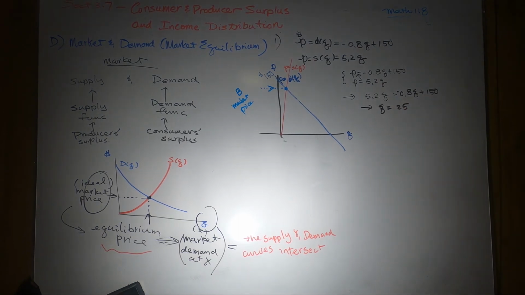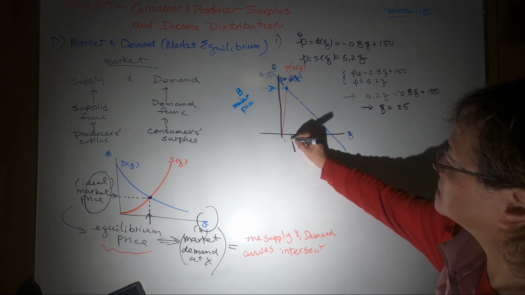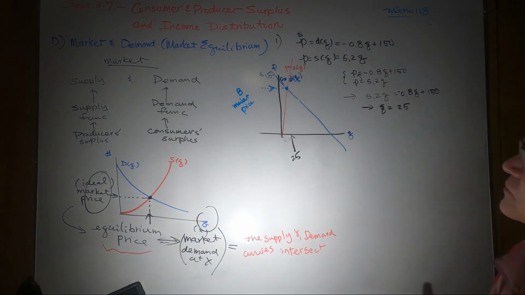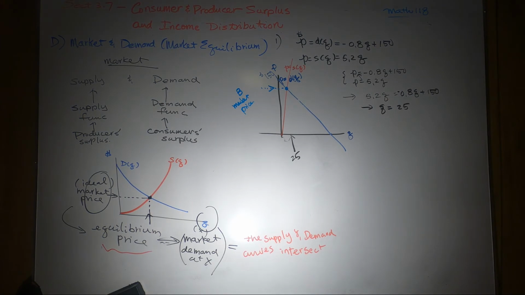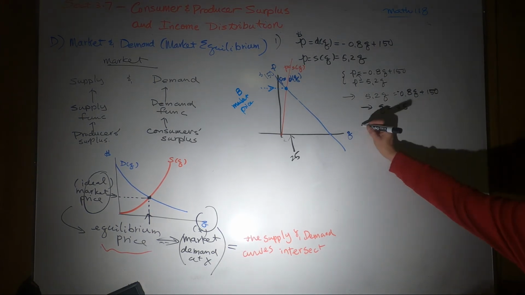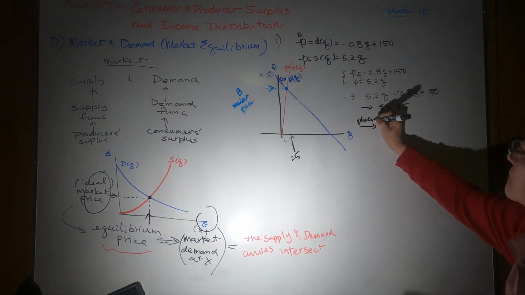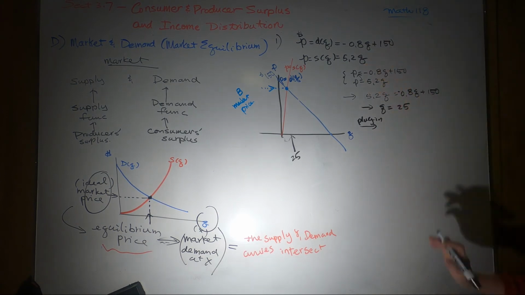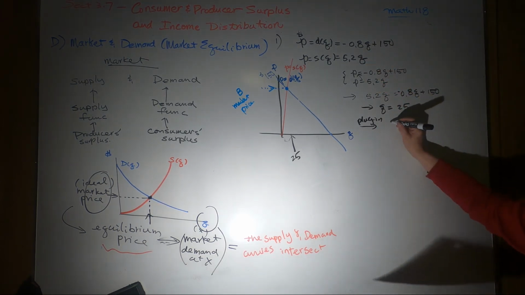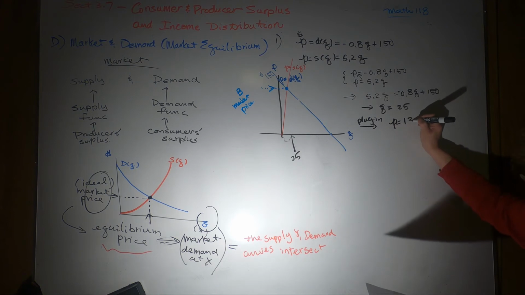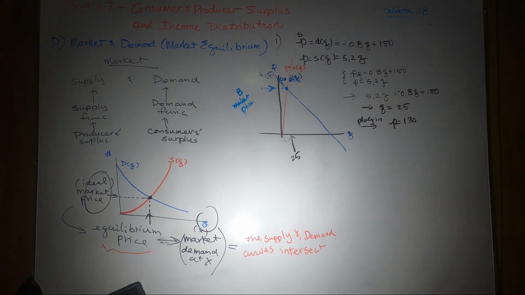It means when the quantity is 25, they find the balance point, right? Then we plug Q equals 25 in, and we find P is $130.